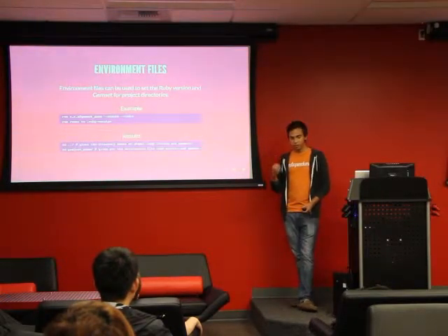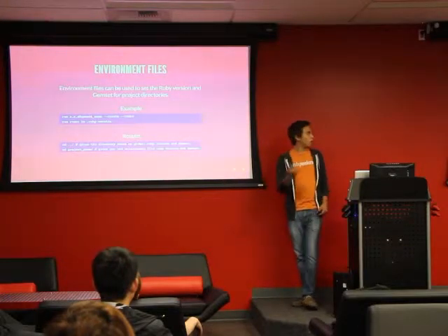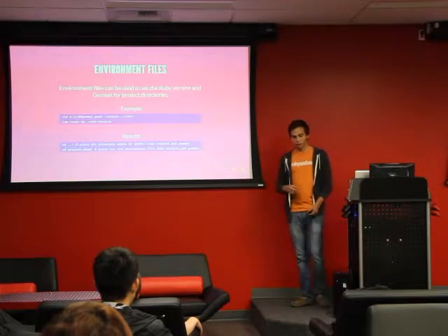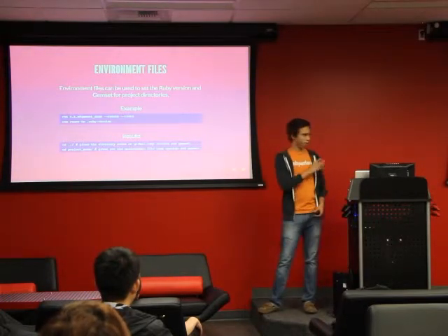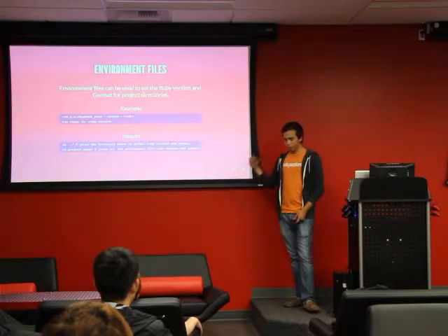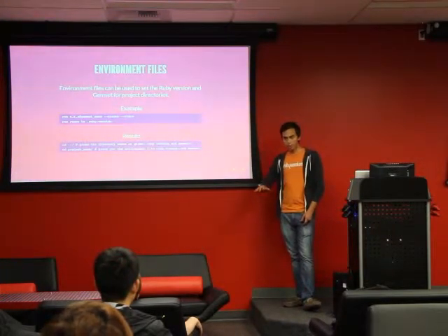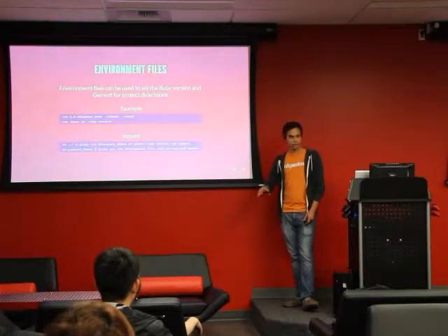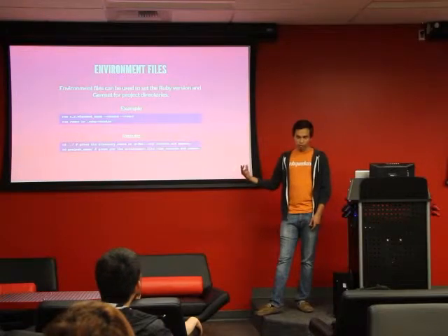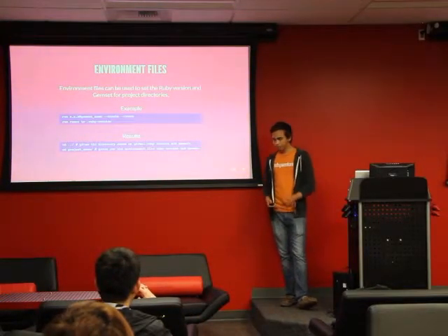It's a nice .ruby-version, which using one of these tools like rbenv or chruby, it will read that file and change a global variable for you, in the case of rbenv and chruby, I believe, and let it know that this is the version of Ruby that we're going to be using in this path, and for the rest of the paths underneath this path until it sees another type of file. And then the .ruby-gemset file will let you know which gemset it's going to be using, which is great.